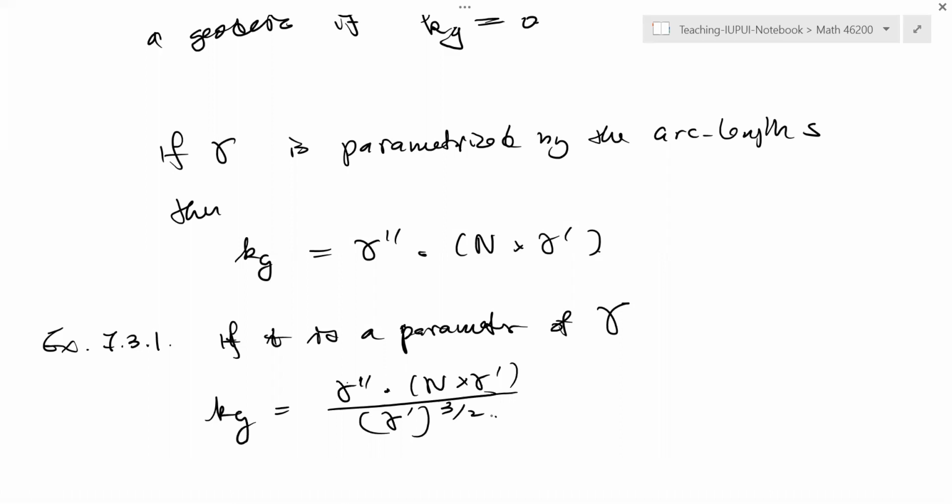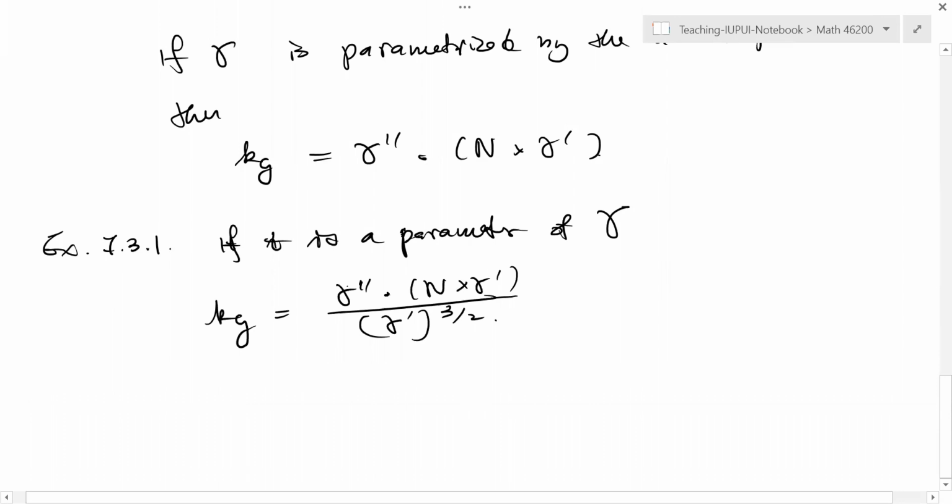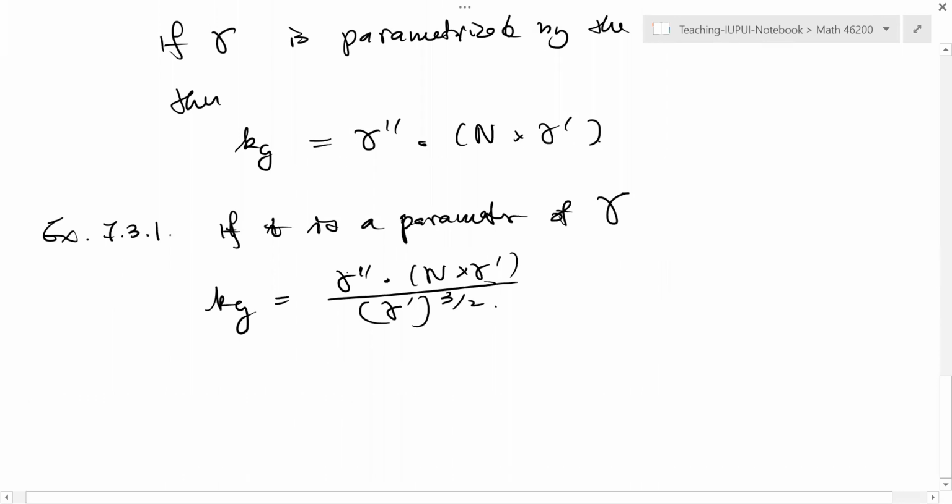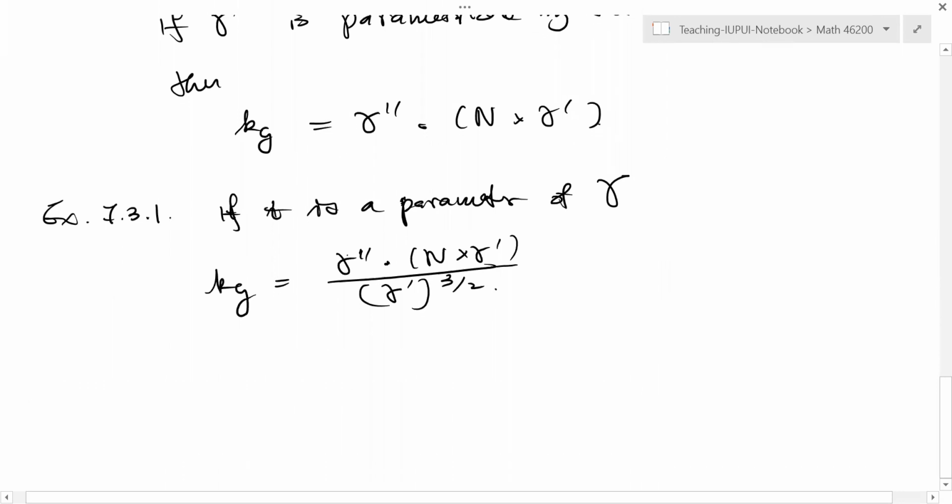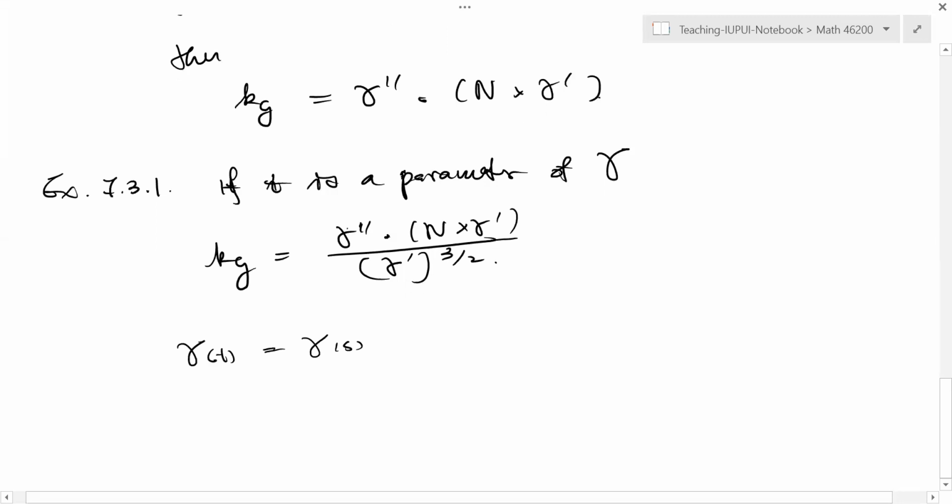The reason is as follows. Let me do the exercise here and finish the computation. Gamma is parameterized by t, but it also can be parameterized by s, depending on which parameter you're going to use. s is a function of t.